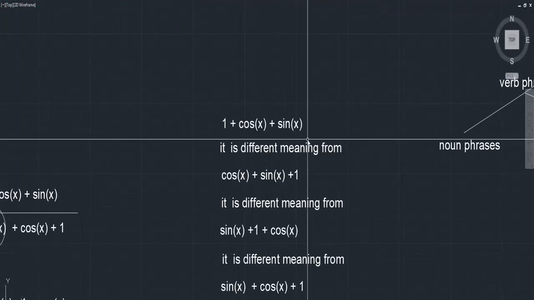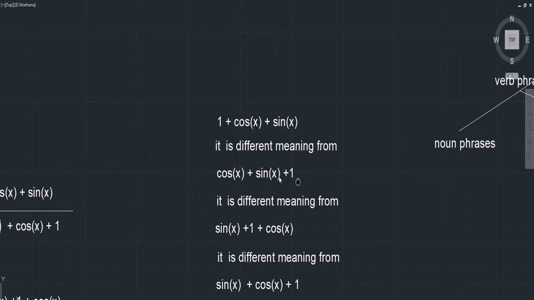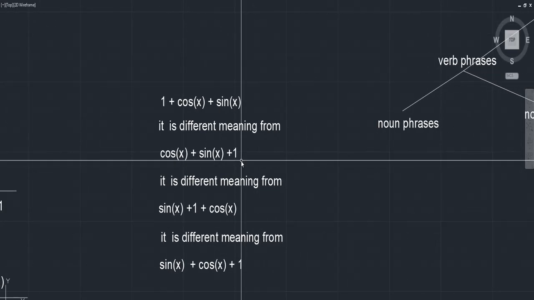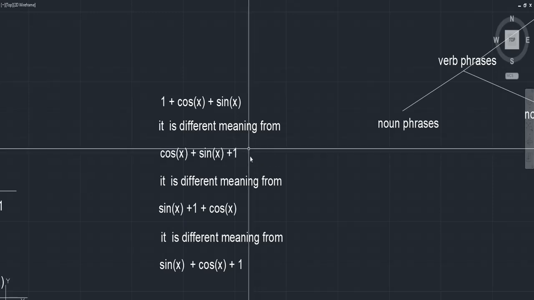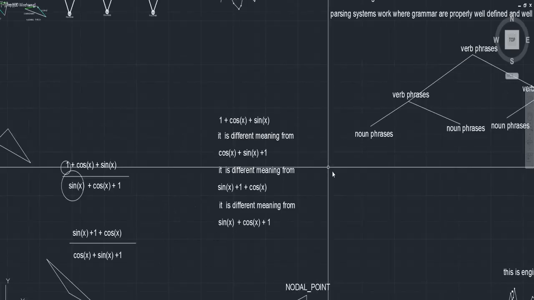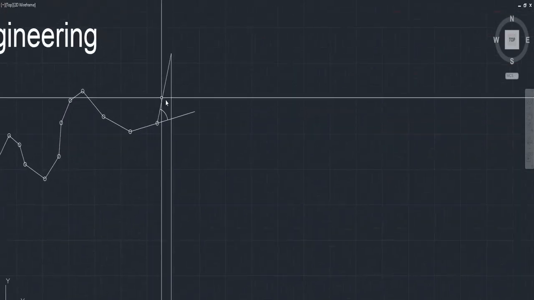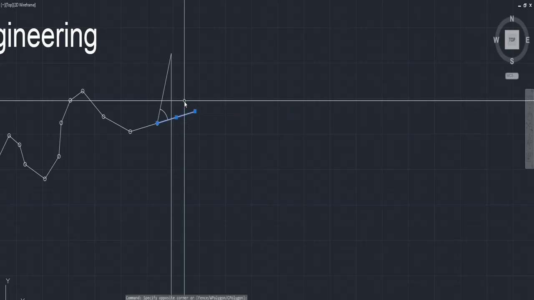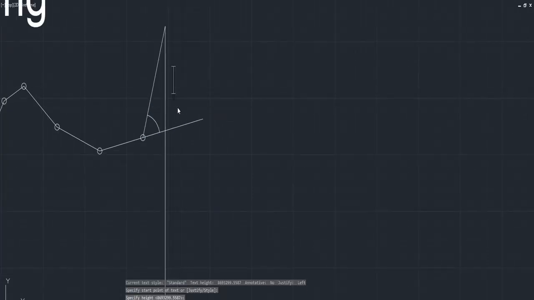Suppose 1 plus cos x plus sin x can have a straightening effect, cos x plus sin x plus 1 can have another straightening effect, and these effects have efforts. Whichever gives us the minimum work done, that is the best way to write the syntax.